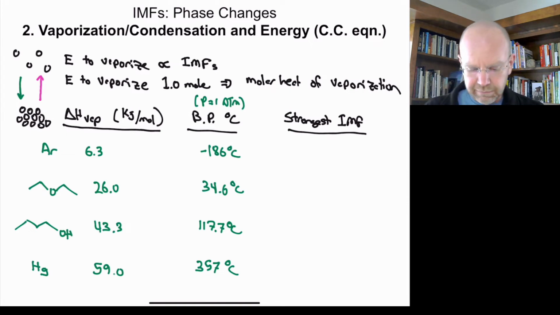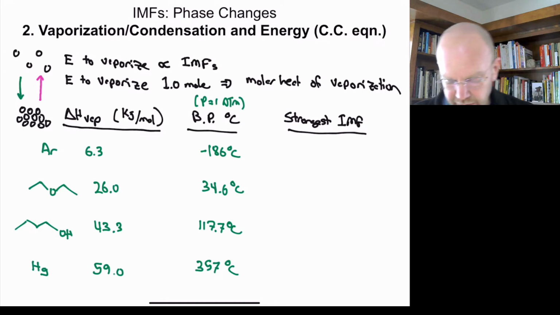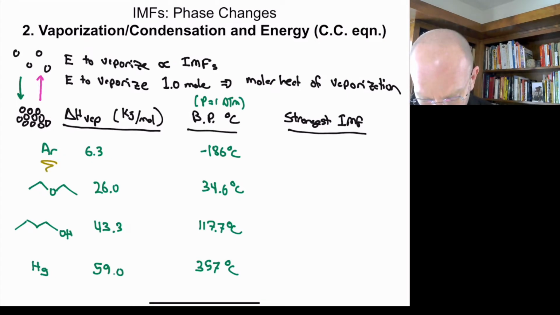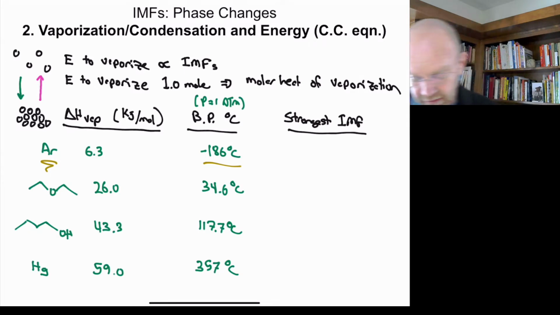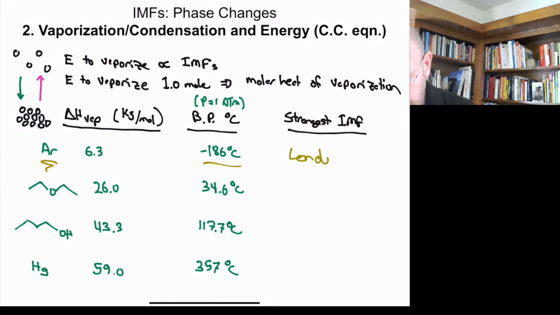So let's first talk about intermolecular forces. Here are some examples of boiling points at 1 atmosphere of some substances. Argon has a boiling point of minus 186 degrees Celsius. We know from our study of intermolecular forces that the strongest intermolecular force in argon is London forces.